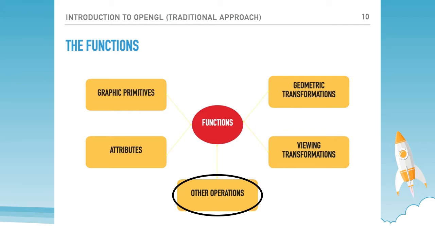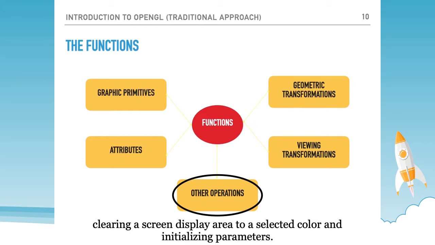Finally, a graphics package contains a number of housekeeping tasks, such as clearing a screen display area to a selected color and initializing parameters. We can lump the functions for carrying out these tasks under the heading Control Operations.